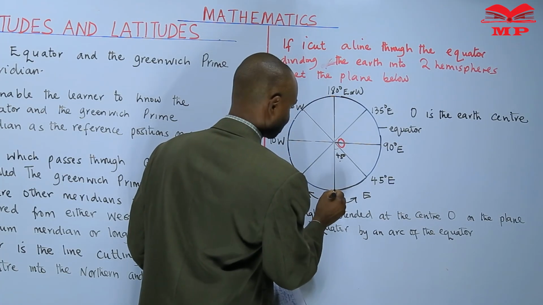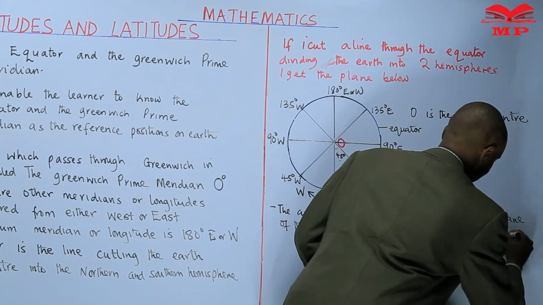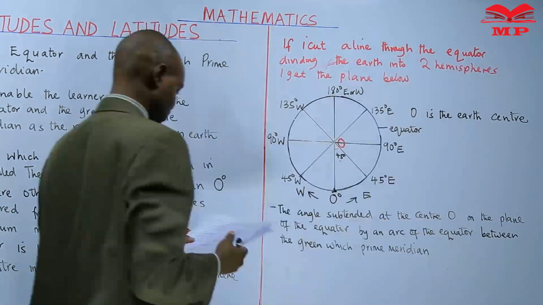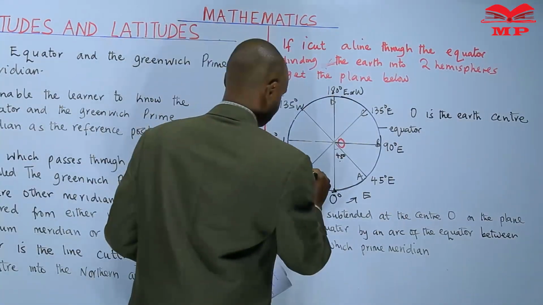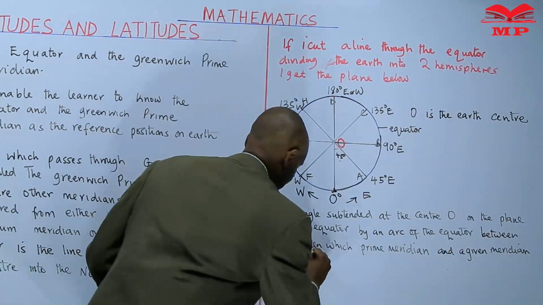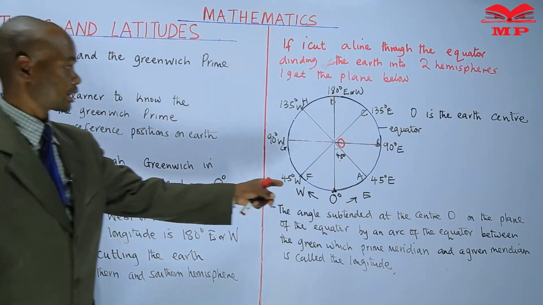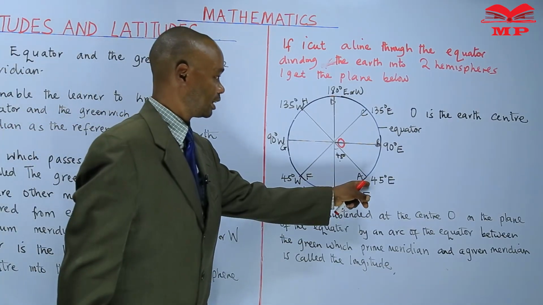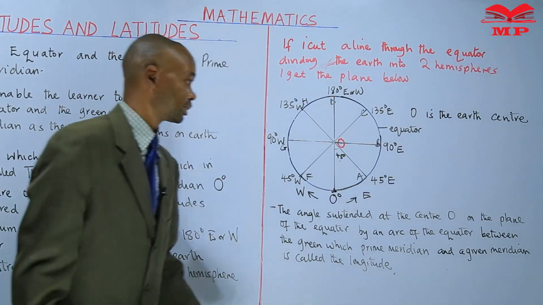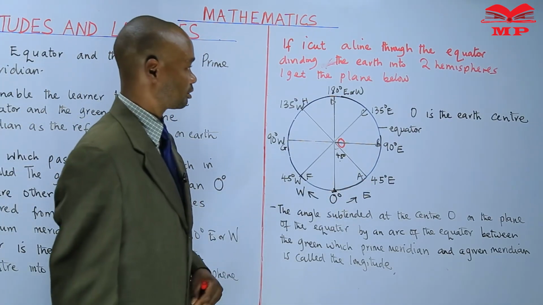You'll find the Greenwich prime meridian will be here. So that angle is called the longitude. So I can say the longitude of A is 45 degrees.